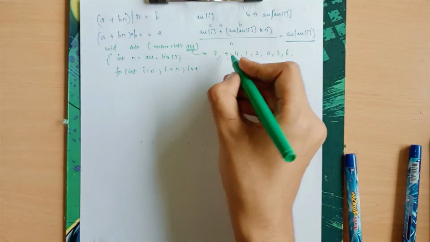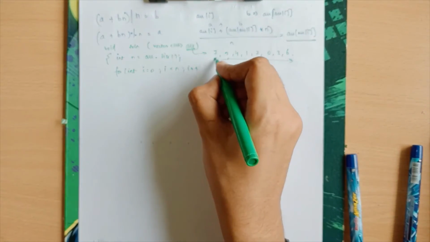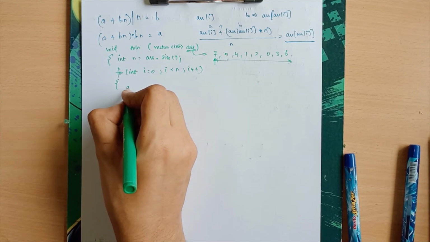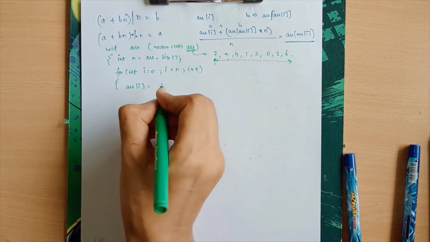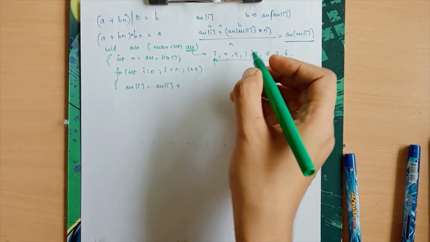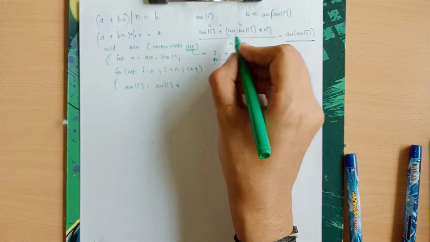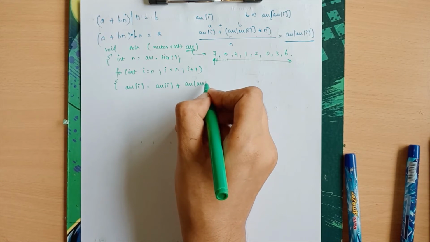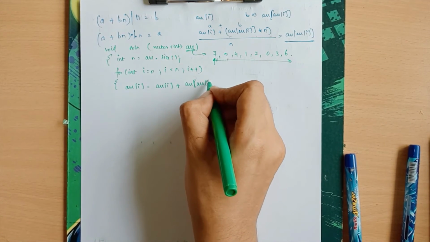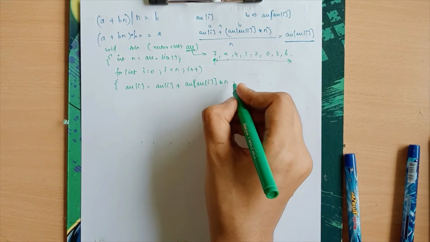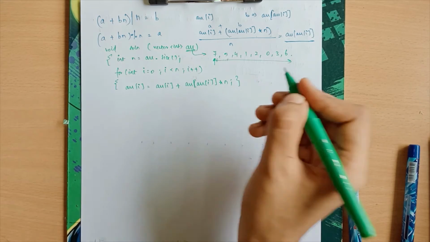I'm traversing this entire array starting from the first index location, and I'm going to set array of I is equal to array of I plus array of I into n. This is the first step I'll be doing.